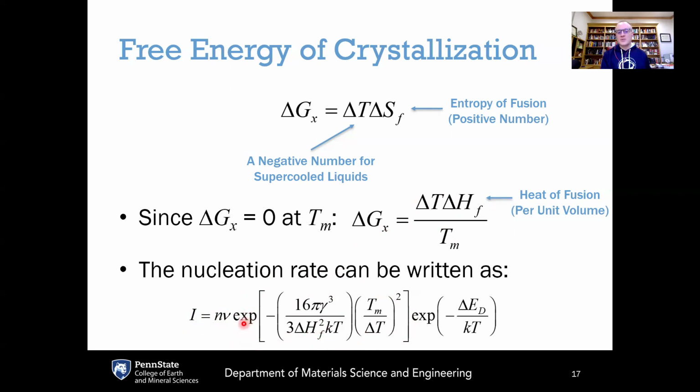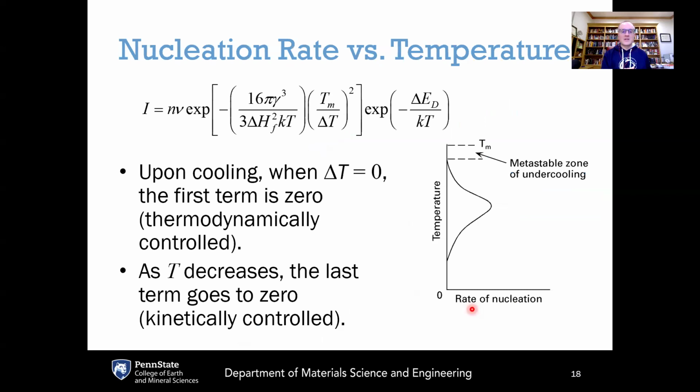So this is our Boltzmann probability, e to the minus, and then this is written in terms of the melting temperature Tm, the heat of fusion here, delta H sub F, the surface tension here, gamma, and the temperature T. And then we still have this kinetic barrier here. The kinetic barrier is the barrier for an atom to cross the interface between the liquid phase and the nucleating crystal.